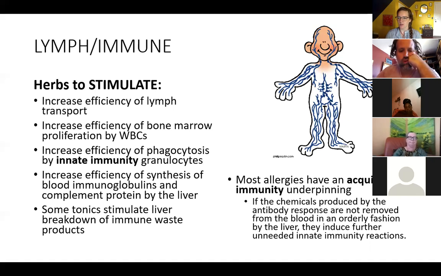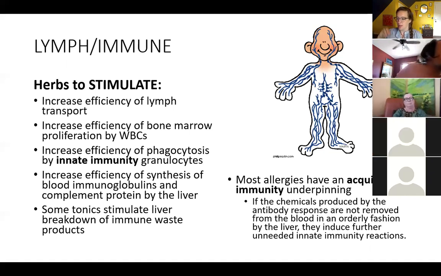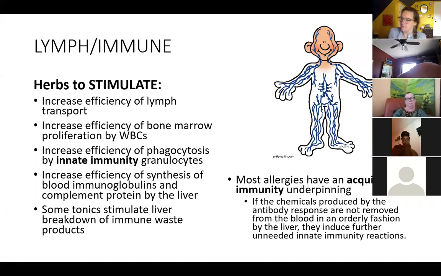Also to help stimulate in a deficiency situation, increasing synthesis of blood immunoglobulins. We're talking about increasing blood flow, but also the immune cells that are going to be processed by the blood. And then some tonics stimulate liver breakdown of immune waste products as well.